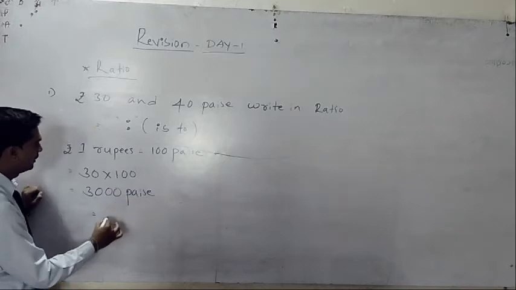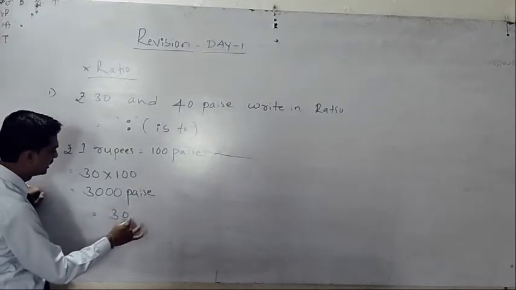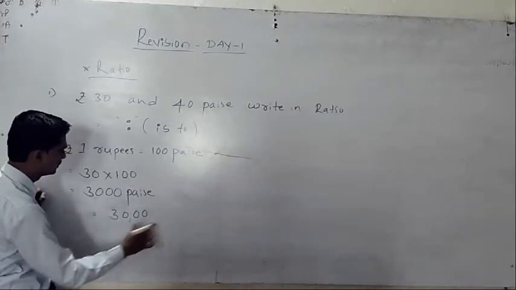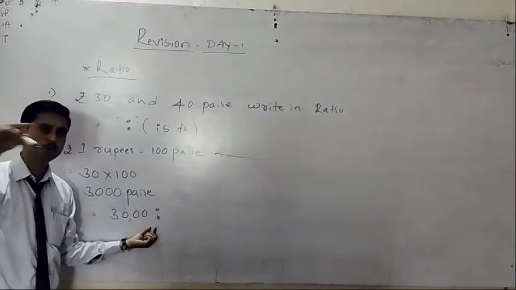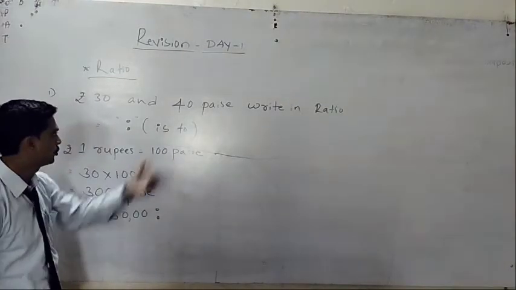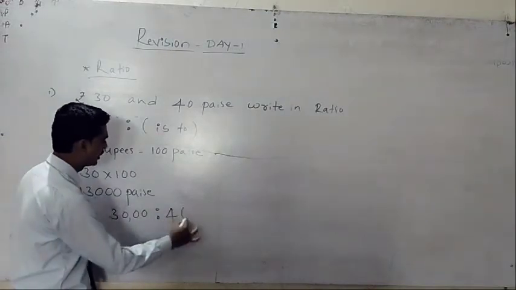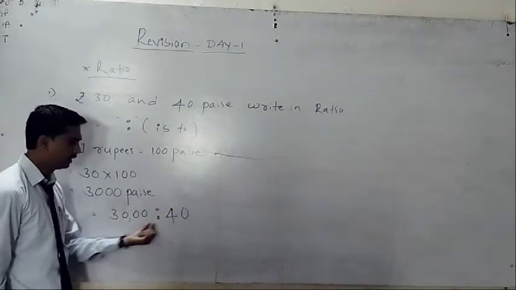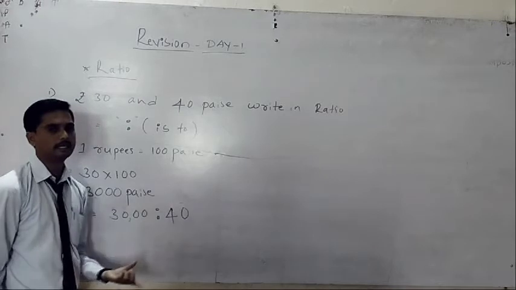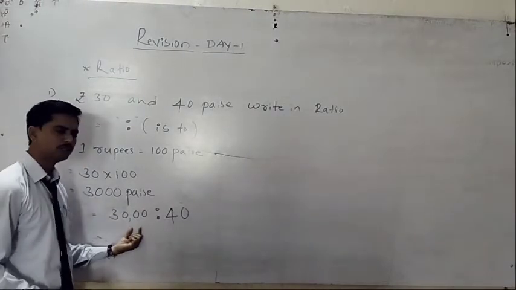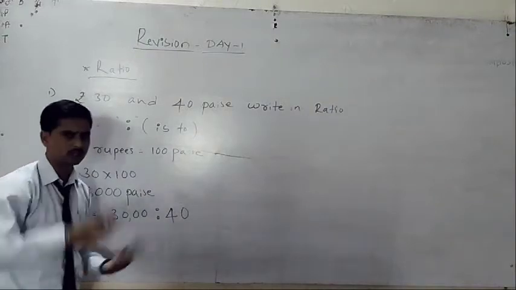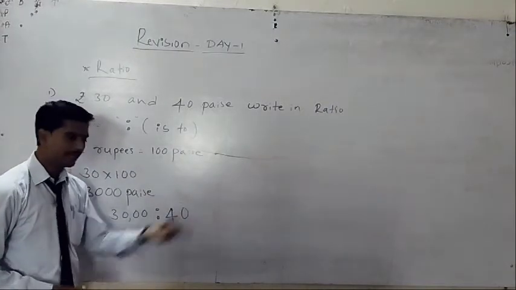First of all, you should write 3000 paise is to 40. You have to use the symbol. If you wrote this much, I will give you marks. But you go to the next step.